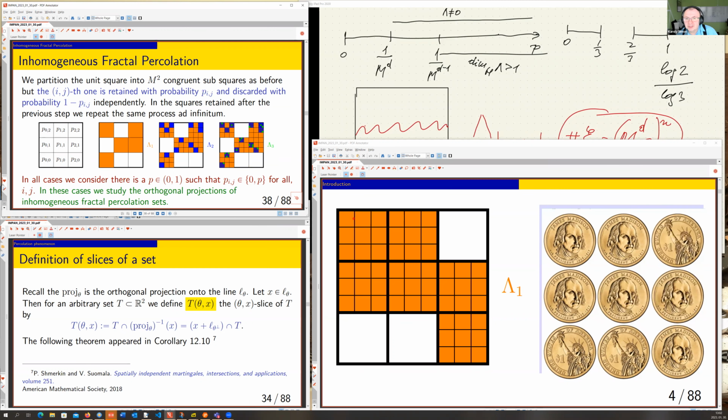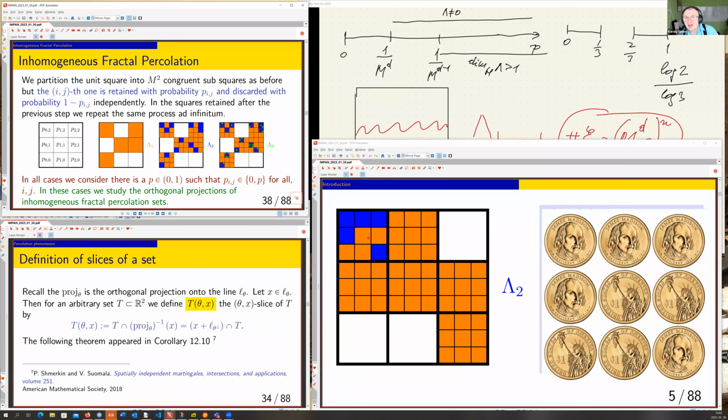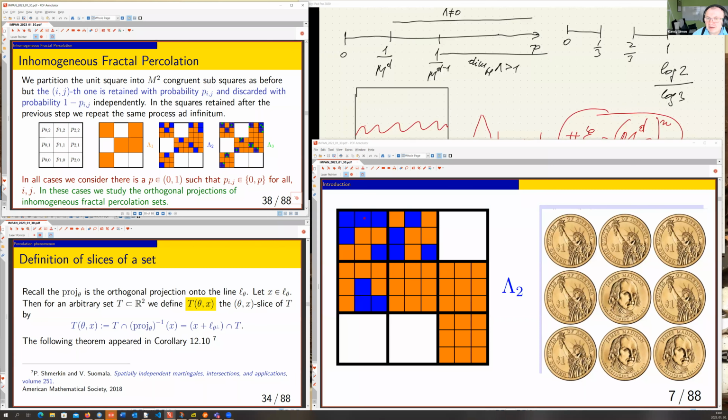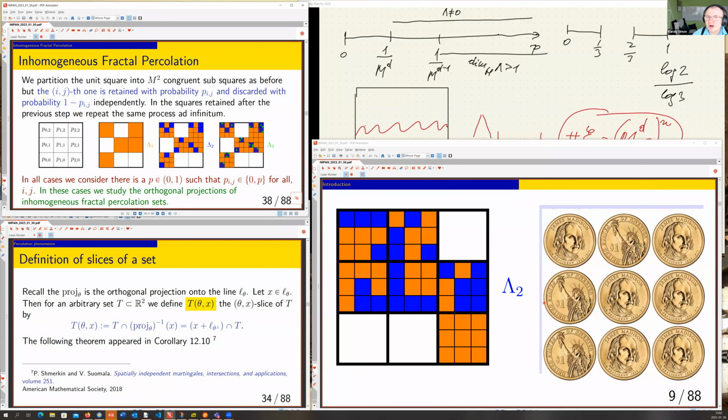So when you decide that you retain this, it happens with this probability, and you retain the right bottom corner with this probability, and then on the next scale, you use the same. The left bottom coin always relates to the left bottom corner, wherever you are. So this is the inhomogeneous fractal percolation.